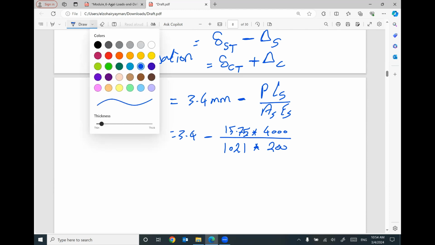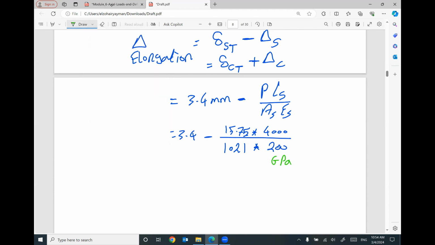I did not change gigapascal because this one is in kilonewton. So the final elongation in the composite column will be 3.09 millimeter. This is the effect of temperature.